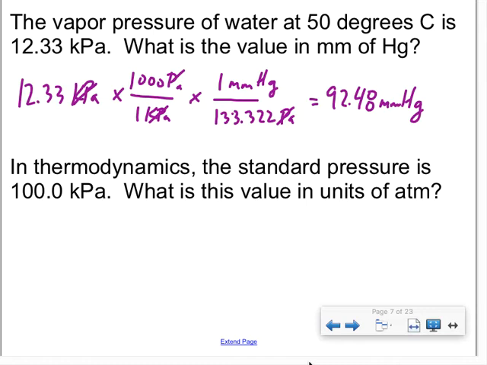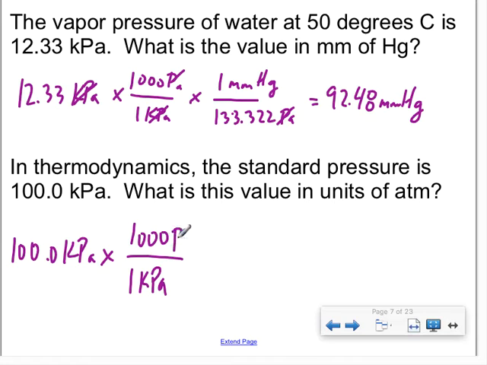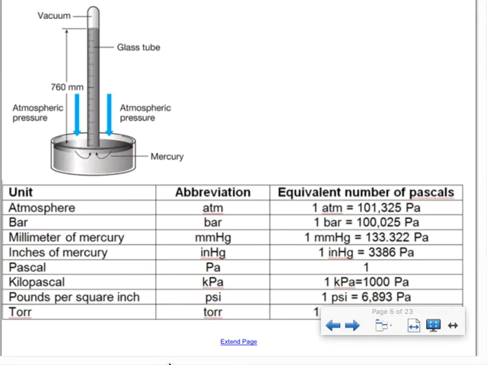In thermodynamics, the standard pressure is 100 kilopascals. What is this value in units of atm? Okay, so again, I'm in kilopascals, so that's what I'm given. And I've got to get to pascals, and then from pascals to atm. I know this first conversion: 1 kPa is equivalent to 1,000 pascals. And now I've got to figure out my second conversion. So I'm going to go back. We need to go from pascals to atms.